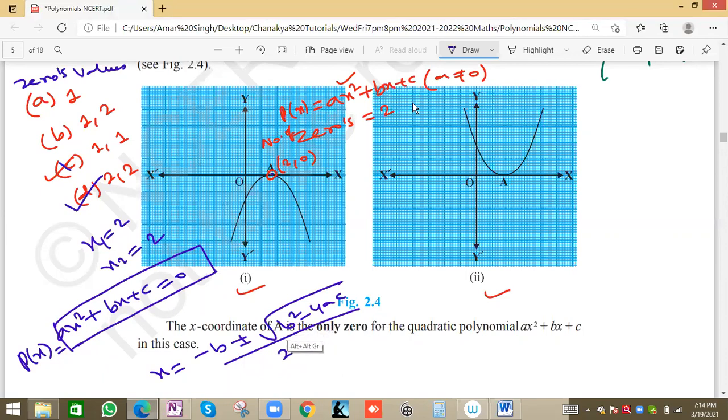Now see, the nature of roots. We have three types of roots, based on the D value. First, D greater than 0. D value means b square minus 4ac greater than 0. So what will be the nature? Since b square minus 4ac will be more than 0, meaning 1, 2, 3, any value more than 0, the nature of roots will be real and distinct.